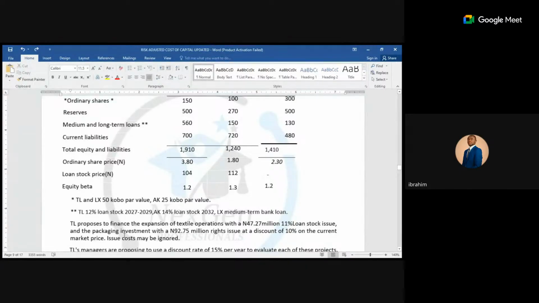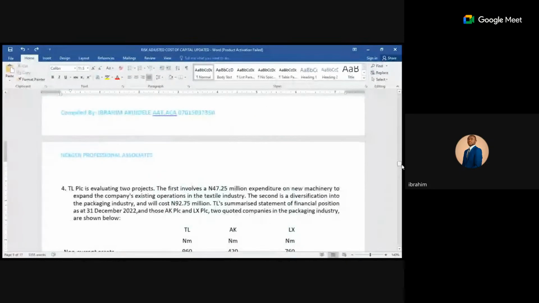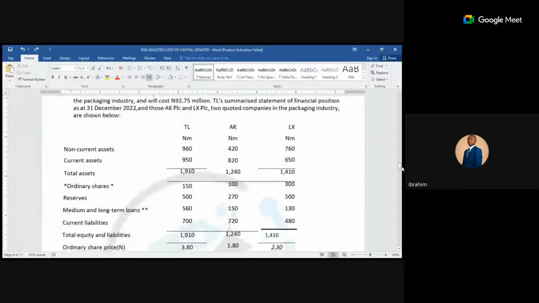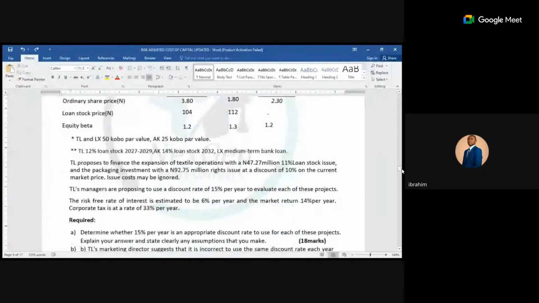TL proposes to finance the expansion of textile operation. Don't forget that they want to expand the textile with 46.225 million, financed with 47.275 million.